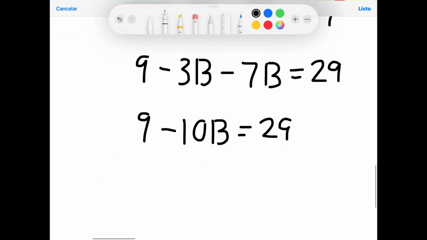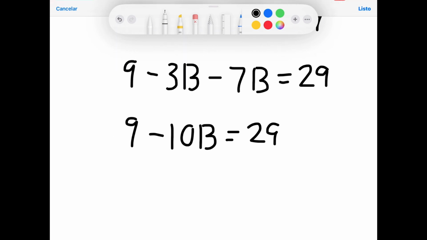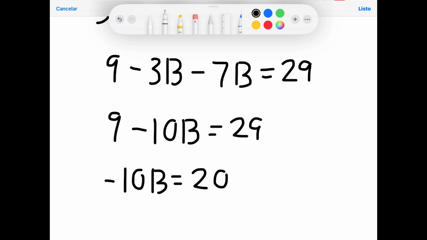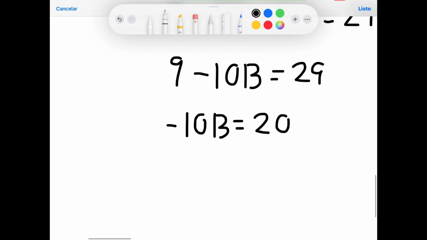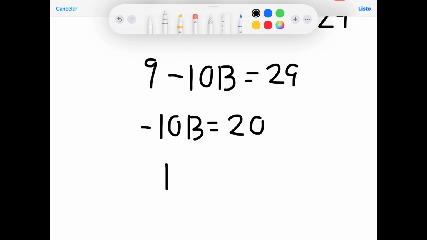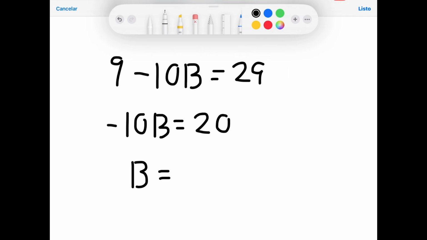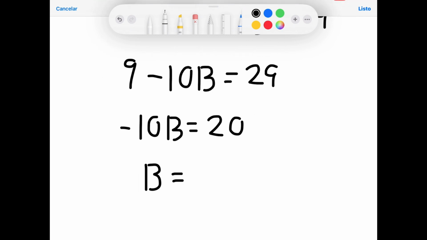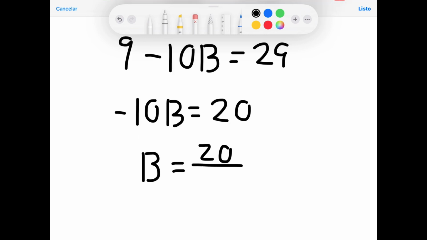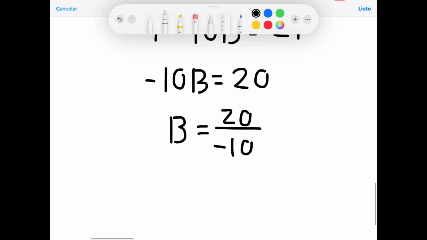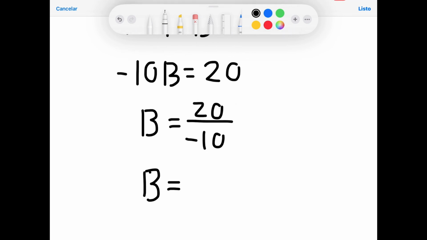I pass the 9 to the other side, subtracting, and I get minus 10b equals 20. And now to isolate b, I pass the minus 10 to the other side dividing, because here it's multiplying. So 20 divided by minus 10, now my b equals minus 2.